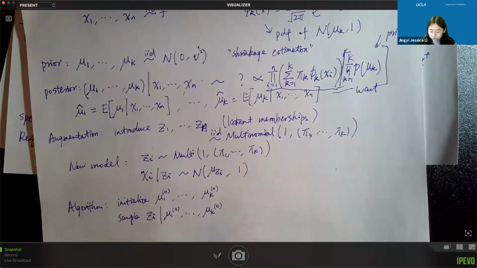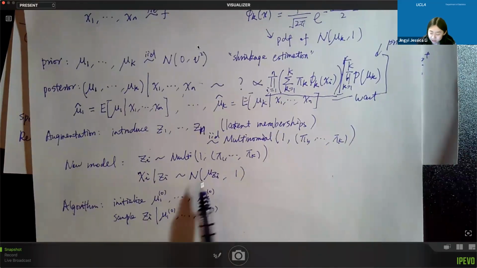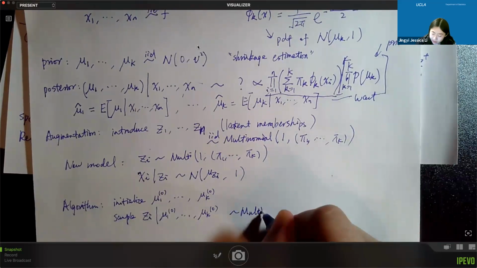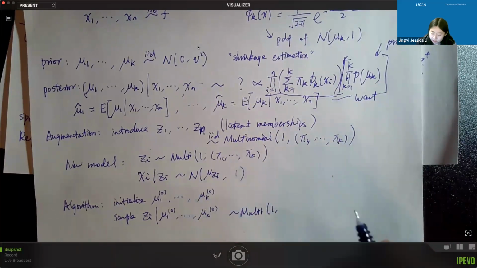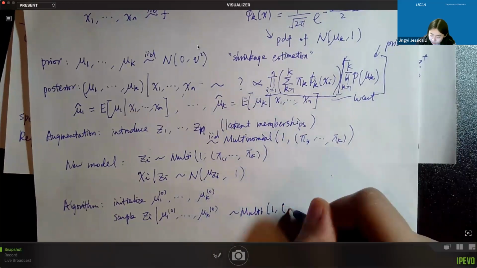I'm not going to derive this distribution here, but it's still going to be a multinomial, except that in the new multinomial I am going to change these parameters to be the new parameters.